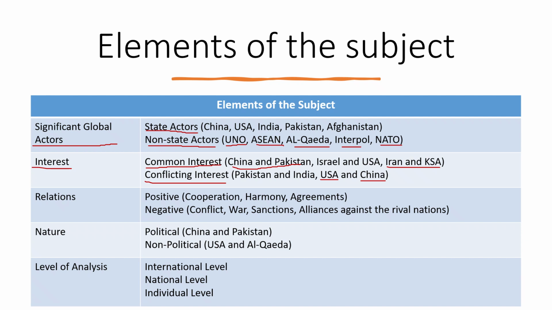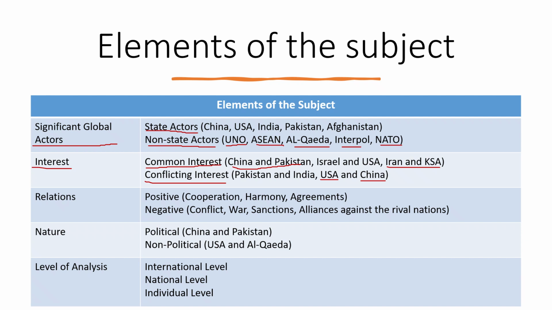Russia did not want Ukraine to be a member of NATO. So this is a conflict of interest, and Ukraine wanted a membership of NATO. This is a conflict of interest. Now Russia invaded Ukraine. Russia launched a war on Ukraine. So war is a kind of relation. Russia and Ukraine these days are in a negative relation. There is a war between Russia and Ukraine.